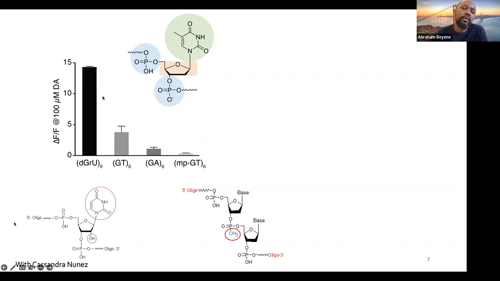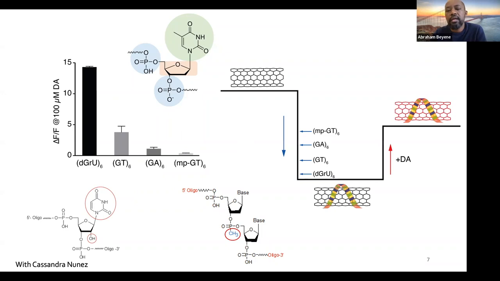So why does this happen? How do you rationalize this observation? What we find is this quenching that I keep talking about in the previous slide, which is that to be able to see the fluorescence, you need to assemble something on the surface, but that assembly itself ends up quenching or decreasing the intrinsic fluorescence of the nanotubes, and that quenching is a very strong function, I would say, of these different sequences, where in this particular case, for example, DG-rU really sort of quenches the system for you, sort of spring loads it for you, such that dopamine can come in and then rescue that fluorescence.